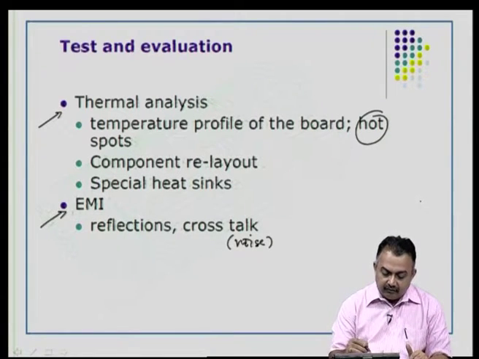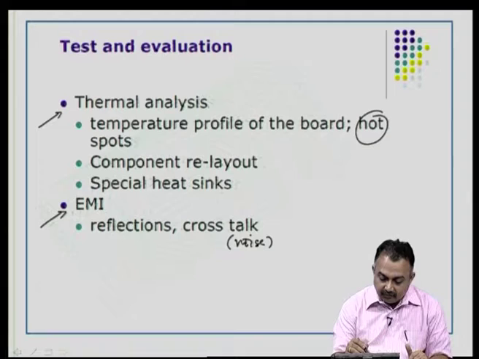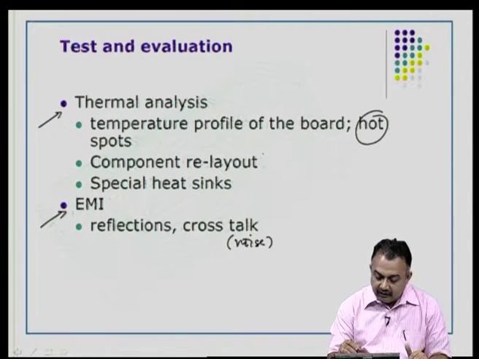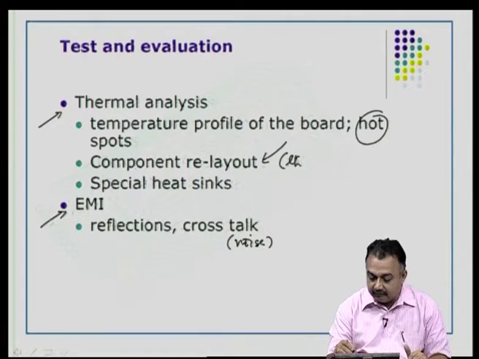So, after your layout and placement, you will have to do a thermal analysis, and then if it is not okay, you have to do a component relayout till such time that your thermal analysis is okay. So, thermal dissipation issues are very important.